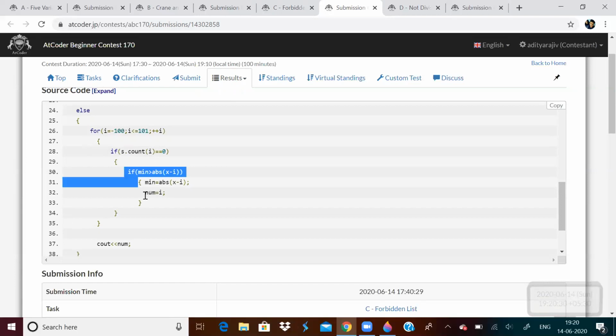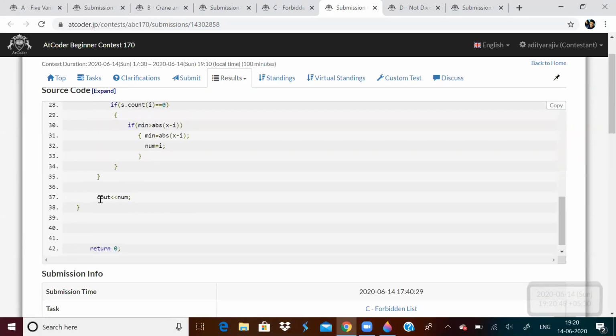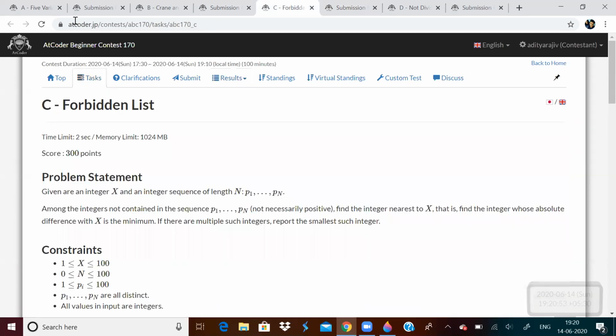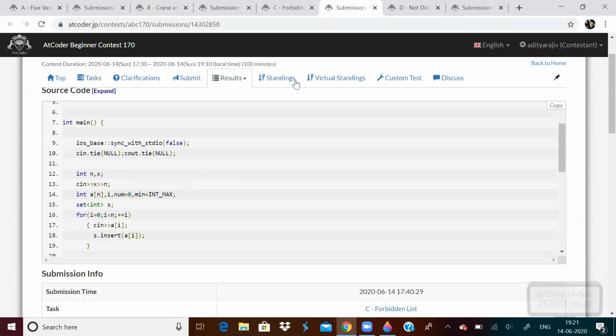So just apply the minimum condition: if minimum is greater than abs of x minus I, then equate minimum to abs of x minus I and equate num to I. This num represents that element which is nearest to x whose absolute difference with x is minimum, and therefore print it. So this also is very straightforward. The first three were very simple only. And I hope all of you have solved the first three.